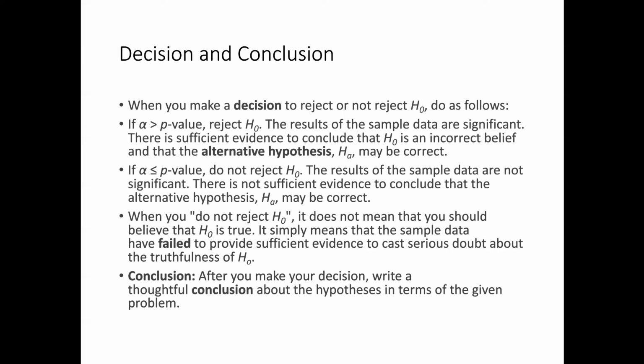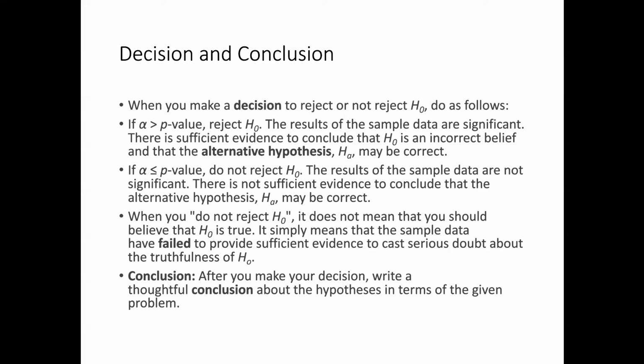If your preconceived preset alpha value is less than the p-value, you cannot reject the null. So your sample data is not significant enough to support the alternative. The results of the sample data are not significant. There is not sufficient evidence to conclude that the alternative hypothesis may be correct.